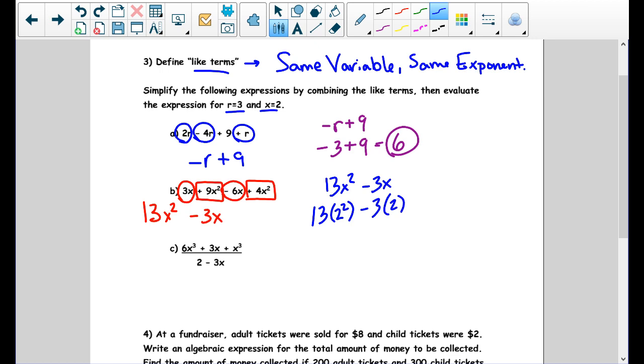Now if we simplify, 2 squared is what? 4. So 13 times 4. 3 times 2? 6.